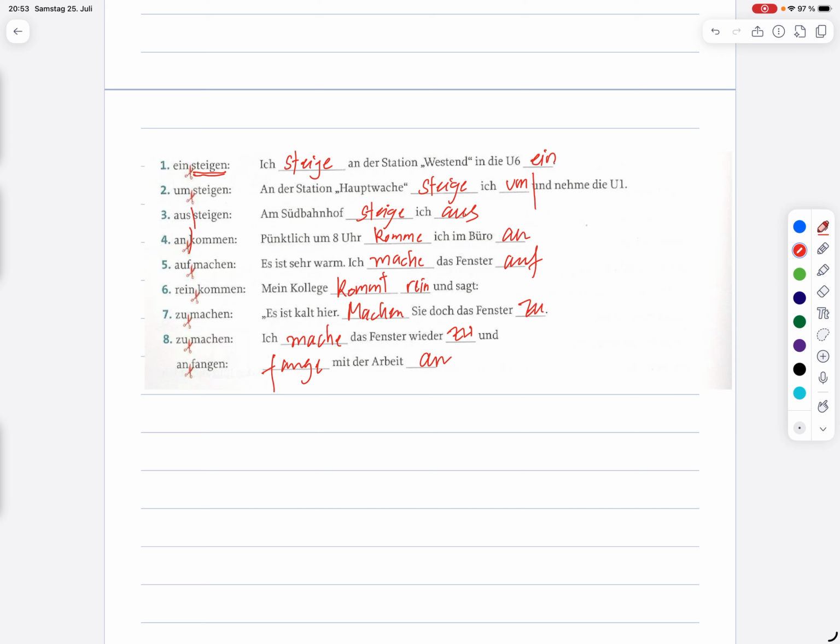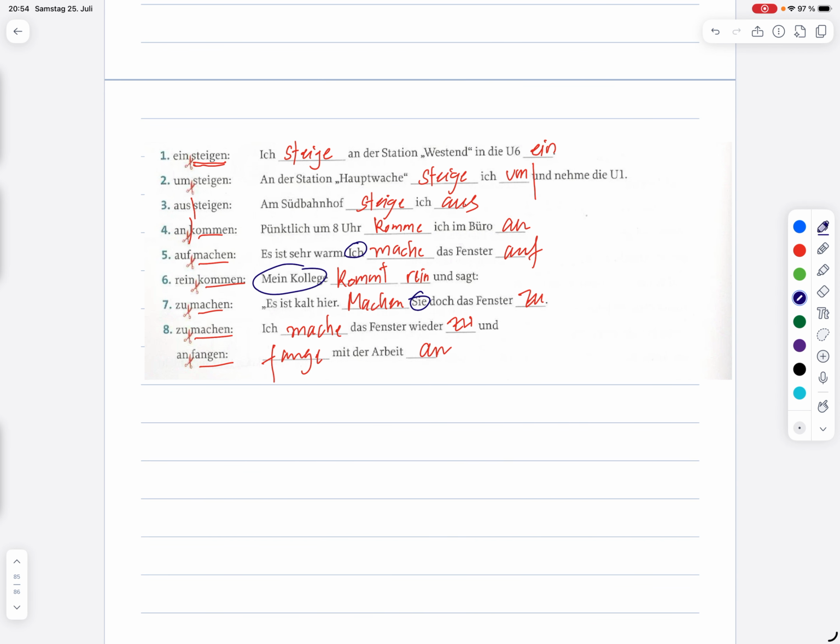Right? So maybe you understand. So I conjugated the main verbs in the Trennbare: fangen, machen, kommen, according to the subject. Yeah. And then, for example, ich, then mein Kollege, then Sie, and so on. And then I put the prefixes at the end of the sentence, right? So that's how Trennbare verbs work. So you will have a prefix plus the verb, and then in the sentence you put the prefix at the end, right?